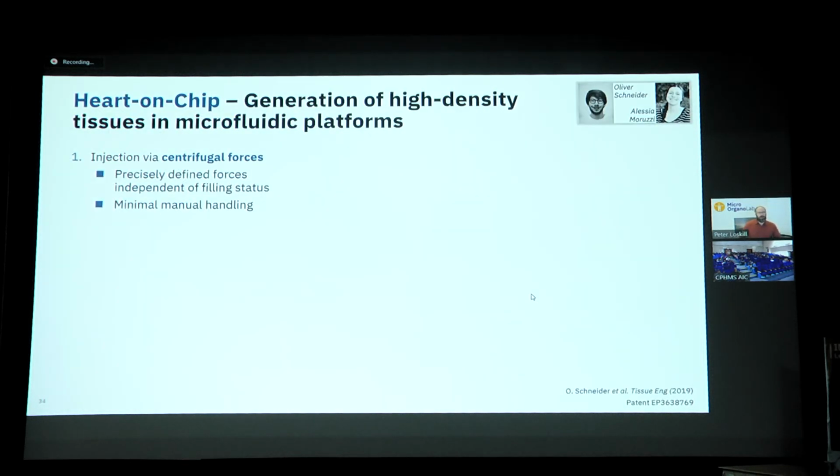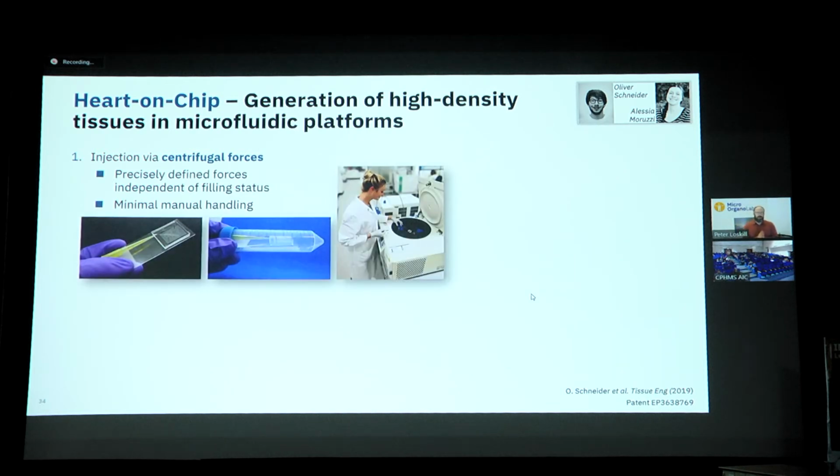So the bottom-up approach uses centrifugal forces. What we do, we now have our microfluidic chips, and we have the inlet ports not on top, but from the side. And what we can then do is add a cell suspension into these inlet ports, put the entire chip in a Falcon tube, put the Falcon tube in a normal centrifuge, and then start the centrifuge. Through the centrifugal forces, the cells are transported from the pipette tips into the microchannels.